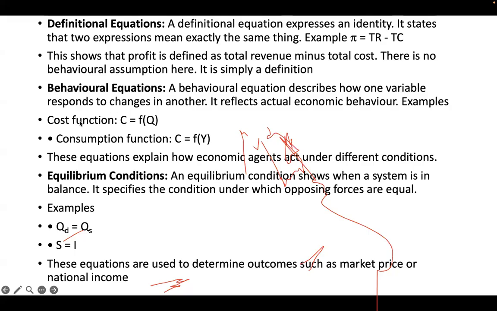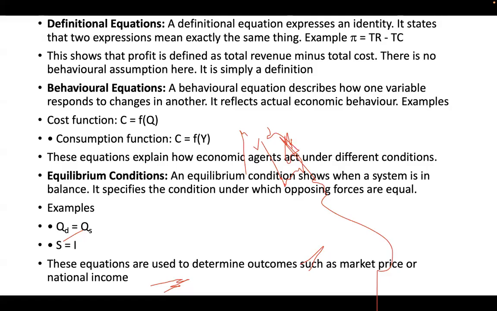with a cost function, we are saying that cost is a function of quantity. So this equation explains how economic agents act under different conditions. There's an assumption: we are assuming that cost is a function of quantity.